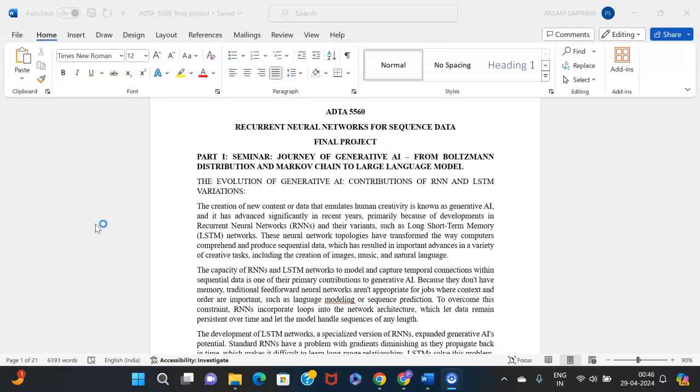These neural network topologies have transformed the way computers comprehend and produce sequential data, which has resulted in important advances in a variety of creative tasks, including the creation of images, music, and natural language.